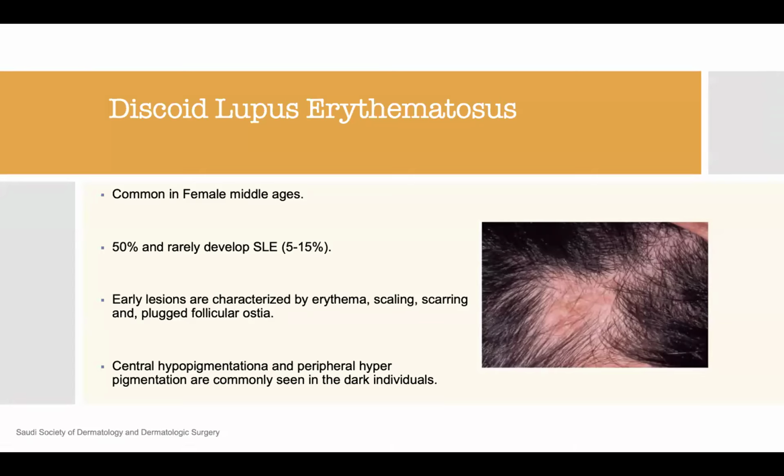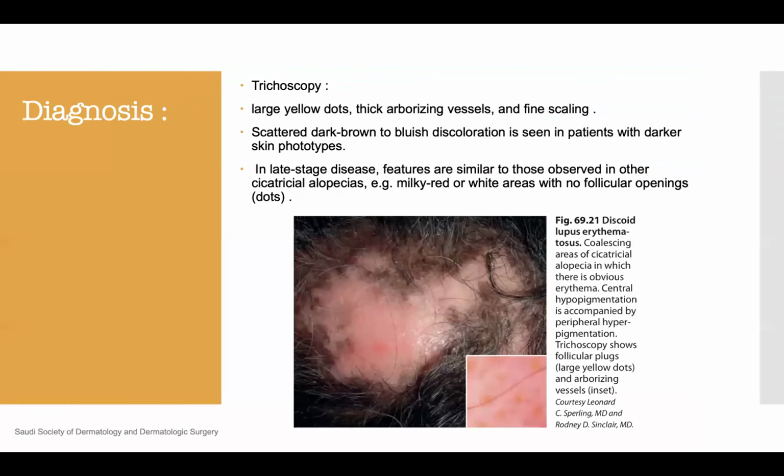Early lesions are characterized by erythematous plaques associated with scaling and follicular plugging. Later on, we can find central hypopigmentation surrounded by peripheral hyperpigmentation, especially in dark-skinned individuals. It commonly affects the scalp, but other patients can experience it on the head and neck.